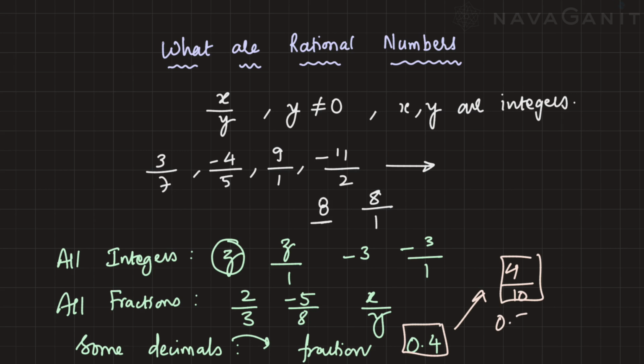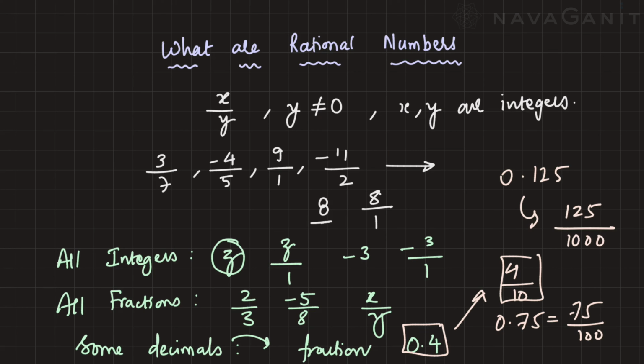Similarly, say I have 0.75. This I can write as 75 upon 100, which is rational. Similarly, 0.125 I can write as 125 upon 1000. This is again rational. So these are some examples of decimals which can be expressed as rational numbers.